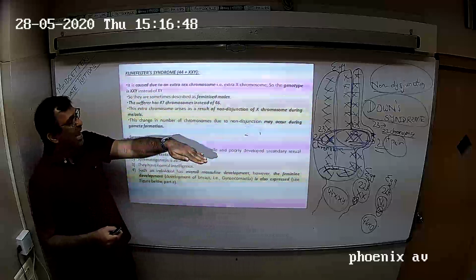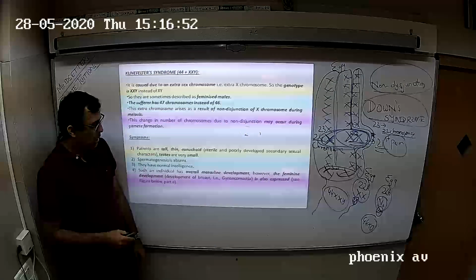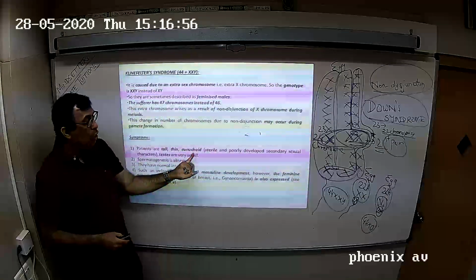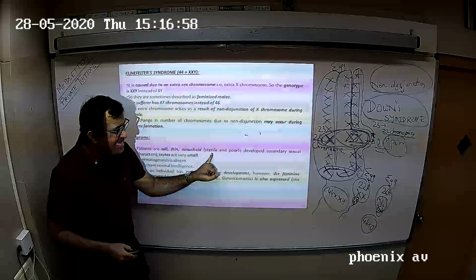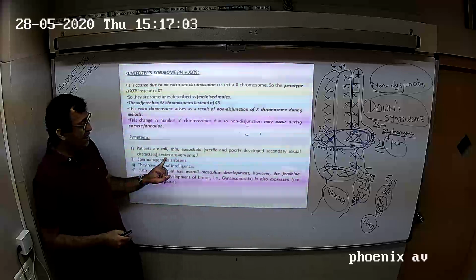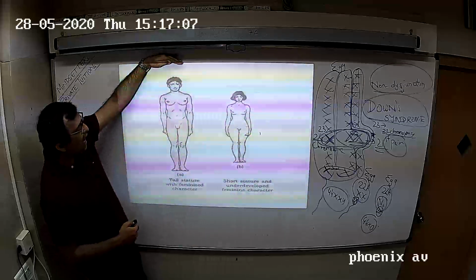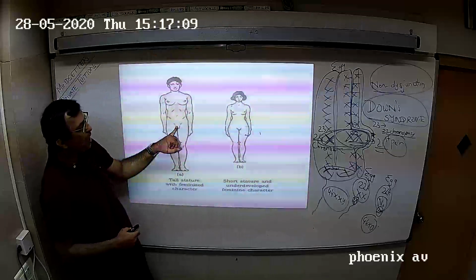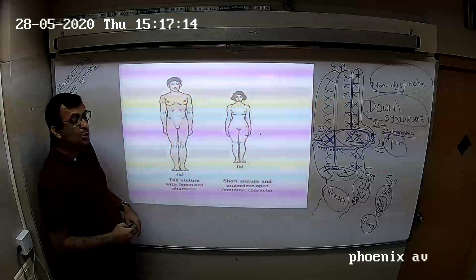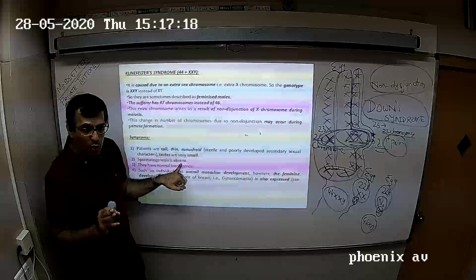This person with XXY, because of the Y chromosome, will become male. These males are tall, thin, eunuchoid, sterile, with poorly developed secondary sexual characters. Testes are very small, and spermatogenesis is absent. No spermatogenesis.